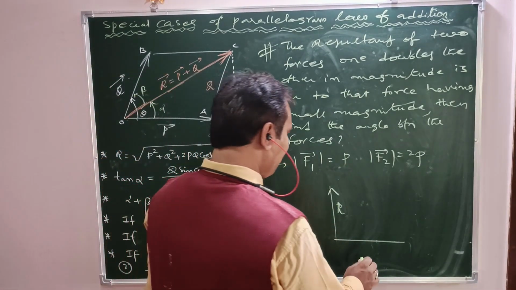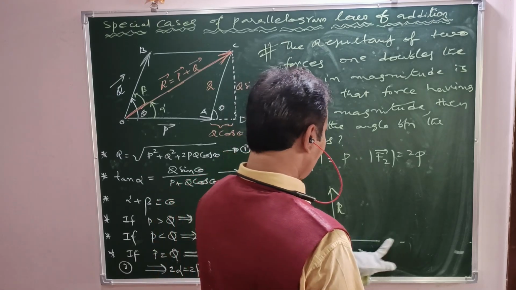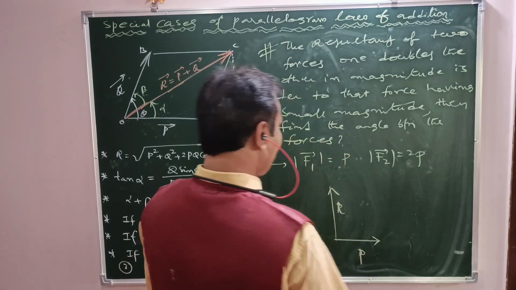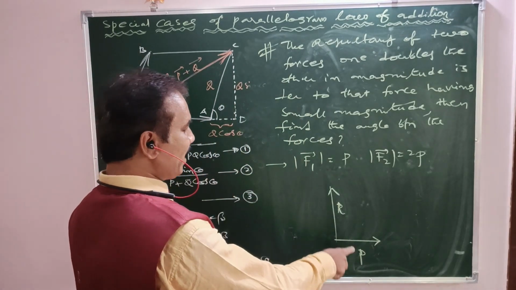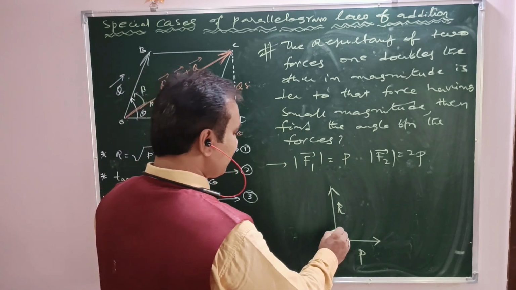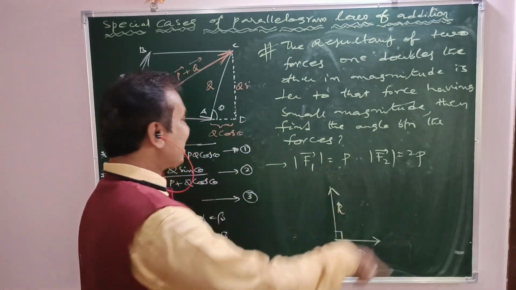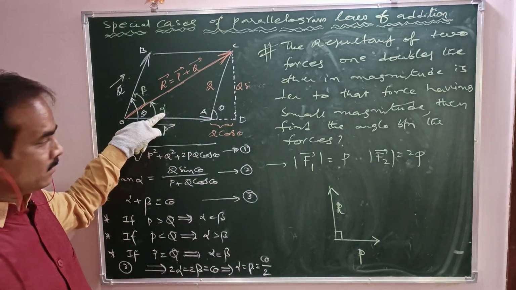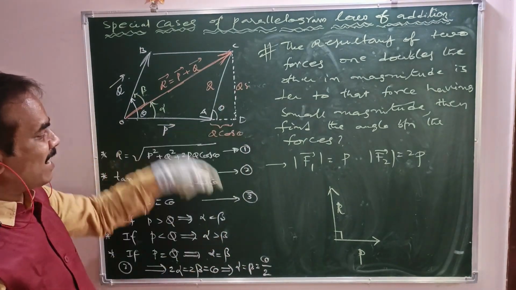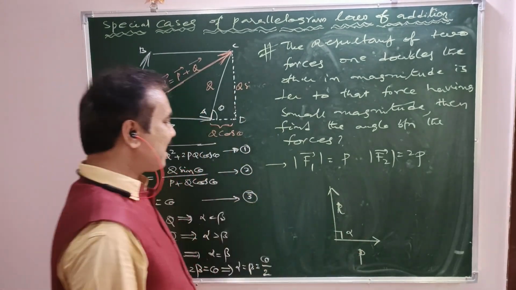This is P. The resultant is perpendicular to the parent vector of smaller magnitude. See here, what is the angle made by r bar with the parent vector which is along the x-axis? That is alpha. So from data, alpha is 90 degrees.